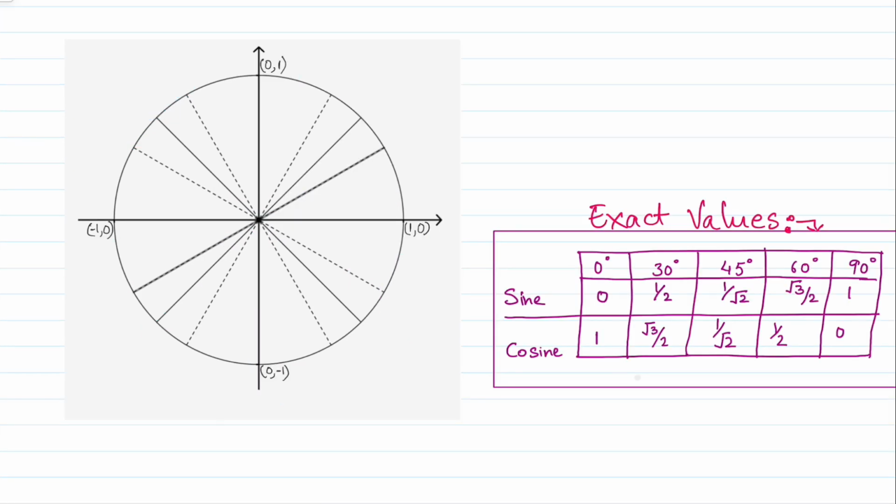In the first quadrant, we know that both the values are positive, so the sine values and your cos values are both greater than 0.